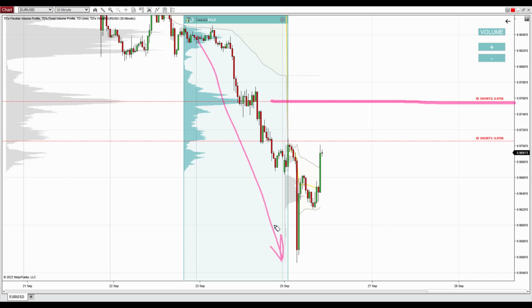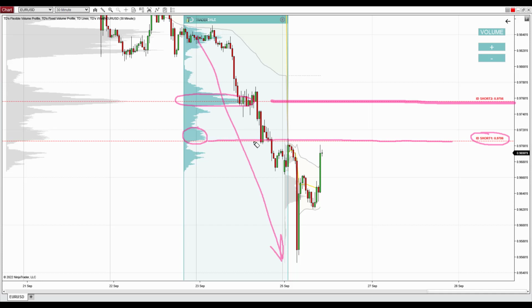Now, if you look into this downtrend with the volume profile indicator, you will see that there are significant volume zones in here and in here. As you can see, I have a printed line here which says intraday short, and I did this yesterday when I was doing a daily levels update for members of my trading course.